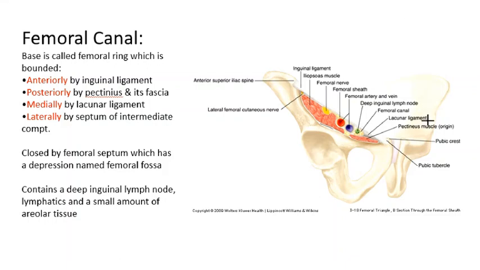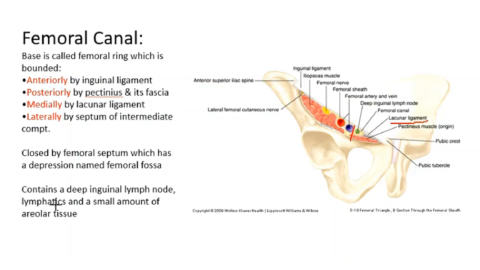We'll draw that out. This is the lacunar ligament, which is this one. And laterally by the septum of the intermediate compartment. See, this is the femoral ring on the upper side. Then it's closed by a femoral septum, which has a depression named the femoral fossa.